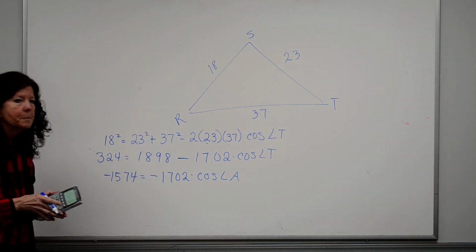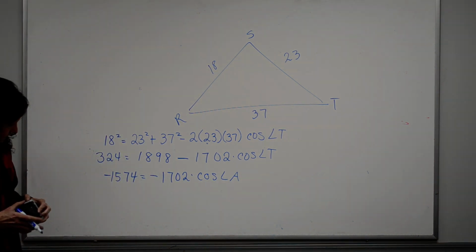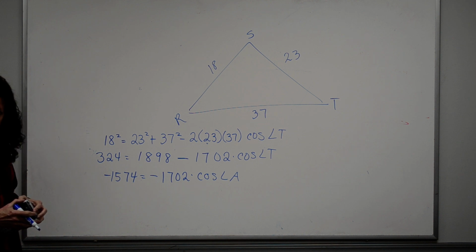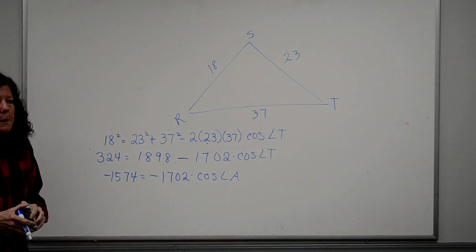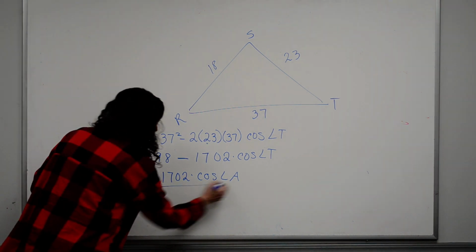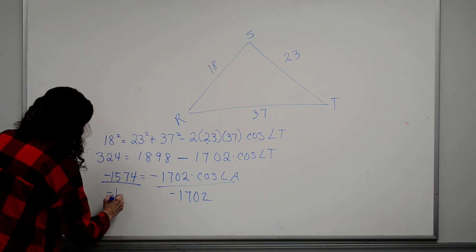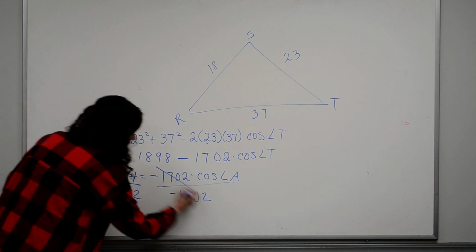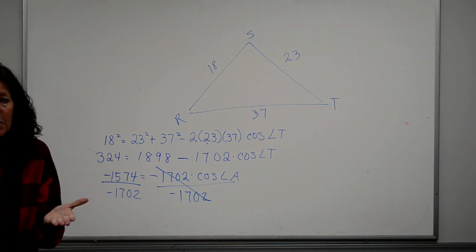Now what am I gonna do? You're gonna do the cosine, aren't you? I gotta get that by itself. What am I gonna do? Divide. I'm gonna divide both sides by negative 1,702. That goes away. Now I'm left with the cosine of A. Now I'm trying to find an angle, so what am I gonna use?